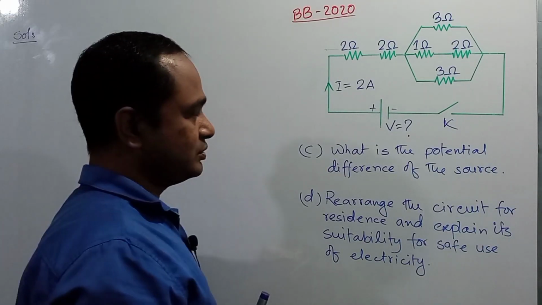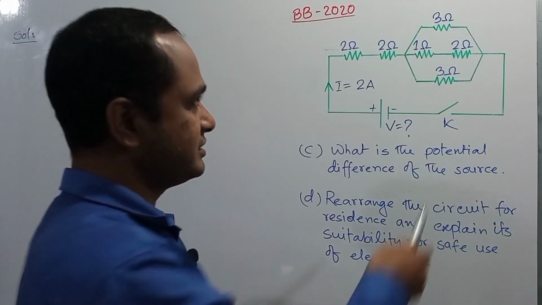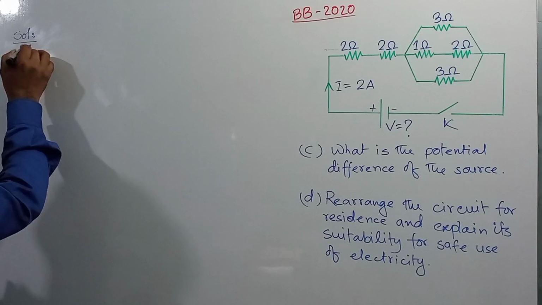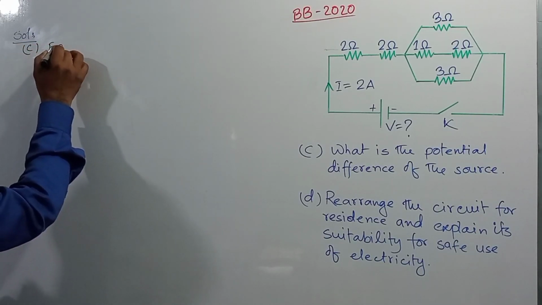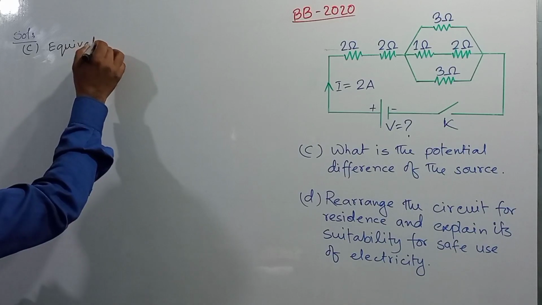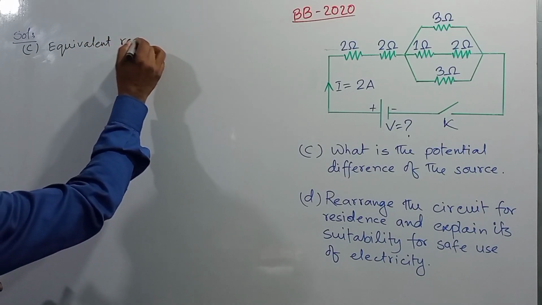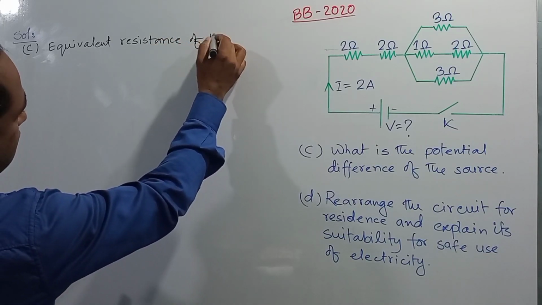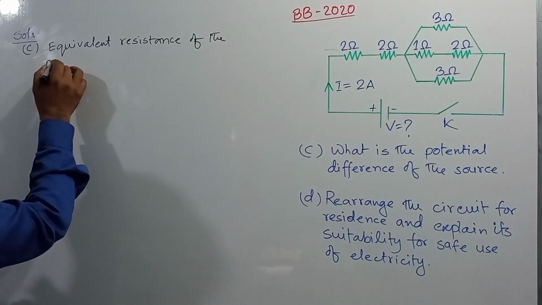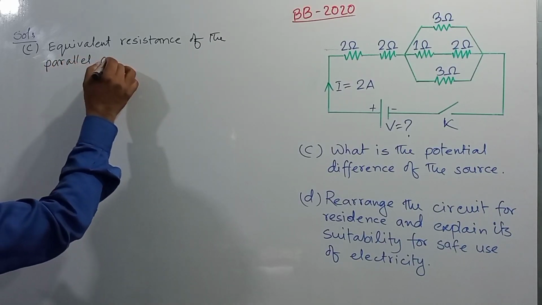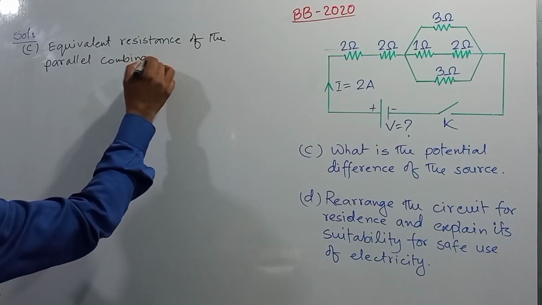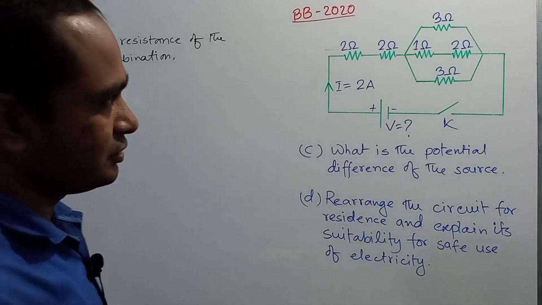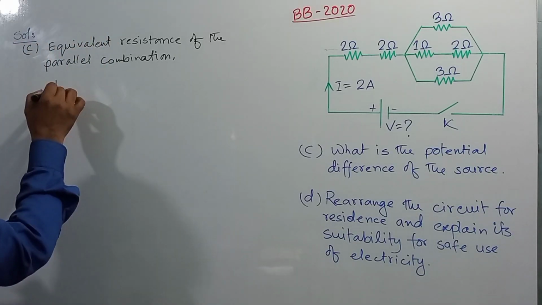Here first we would like to determine the equivalent resistance of the parallel combination. If the equivalent resistance of this parallel combination is denoted by Rp, right?